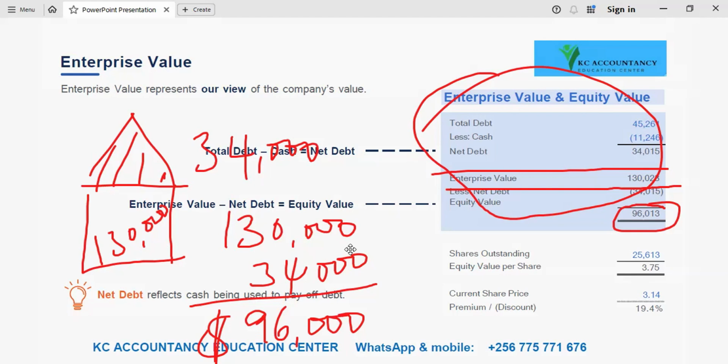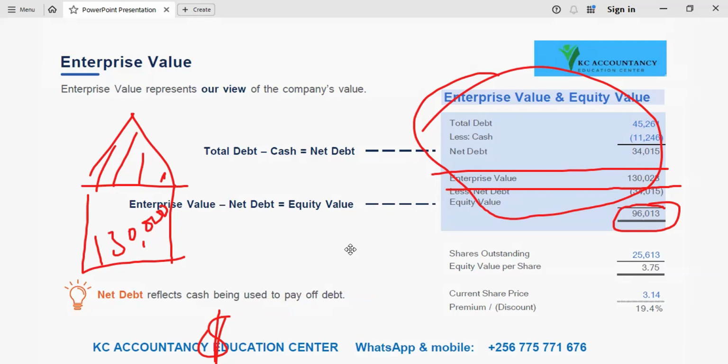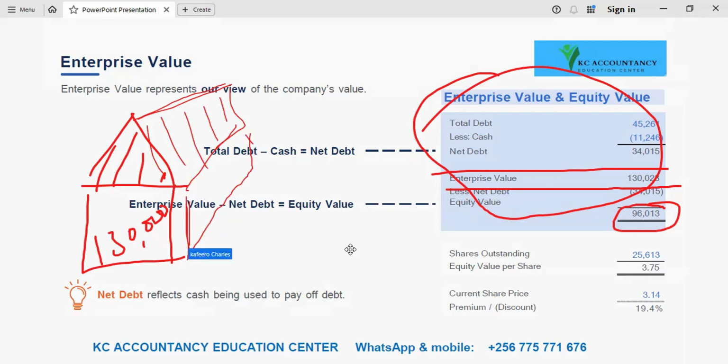For instance, let's use another scenario here, same information but from a different perspective. Our house is worth $130 US.